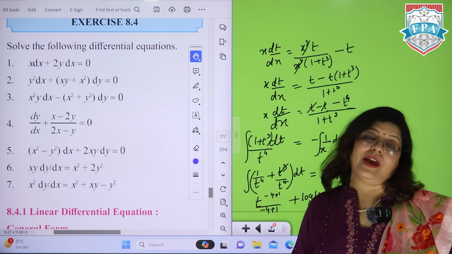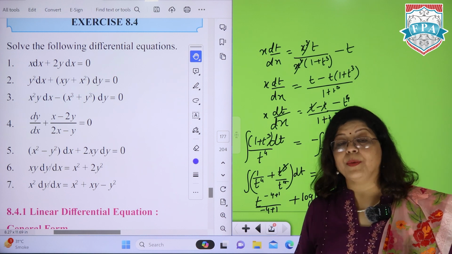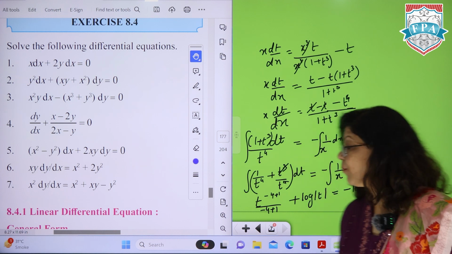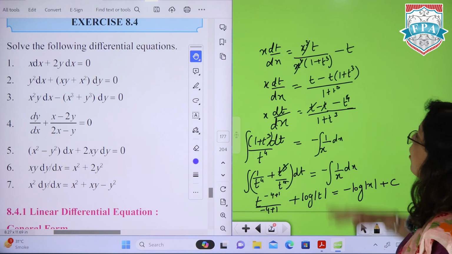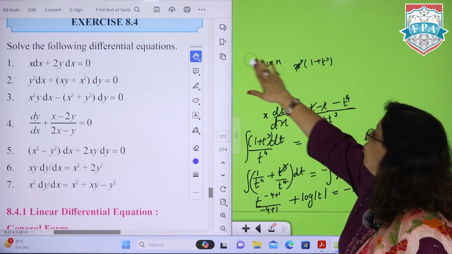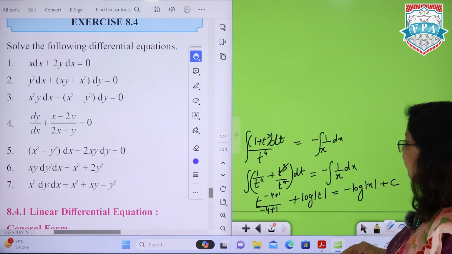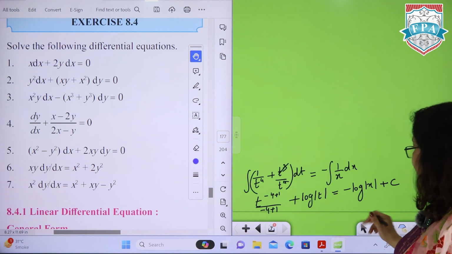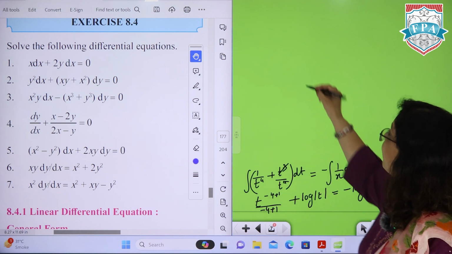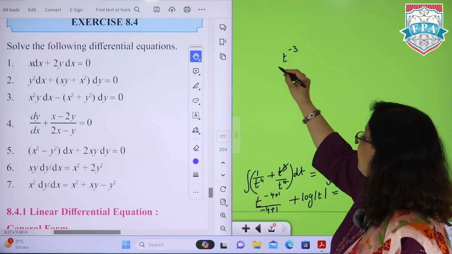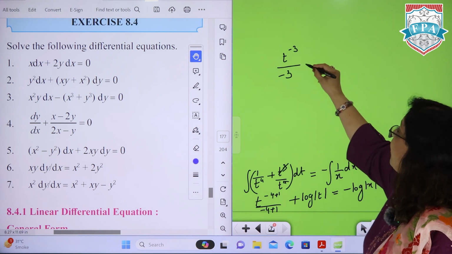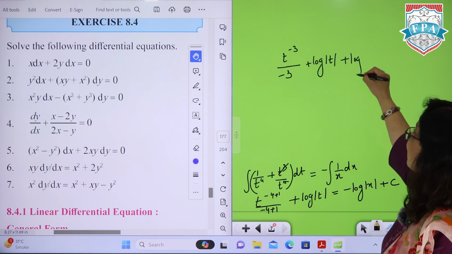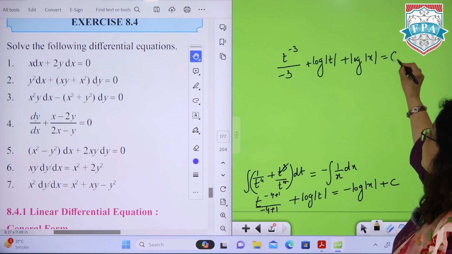But ये आपका final answer नहीं है. So this is going to be a long question because now we have to substitute the value of t as y by x. So once we come to this stage, now we are going to resubstitute the value of t. So let's start from the last stage जो हमारे पास बची हुई है. Here it comes as t to the power of minus 3 upon minus 3 plus log t plus log x, I shifted it over here, is equal to c.